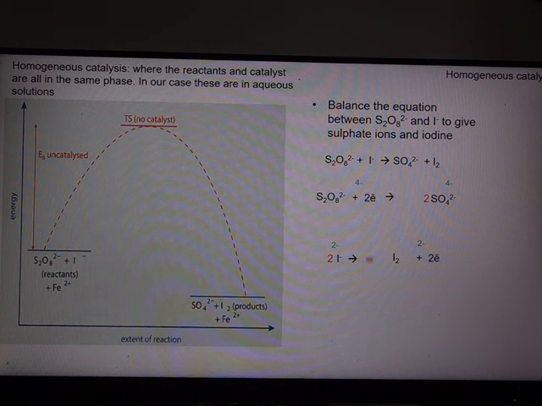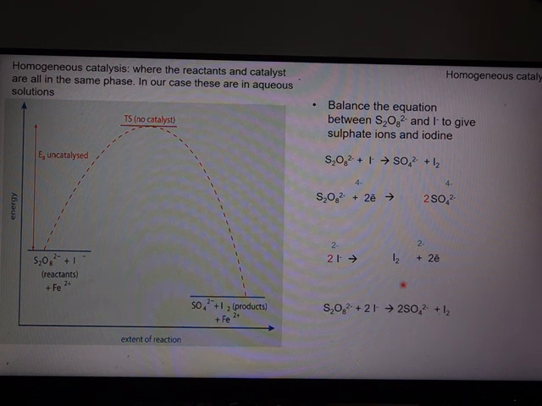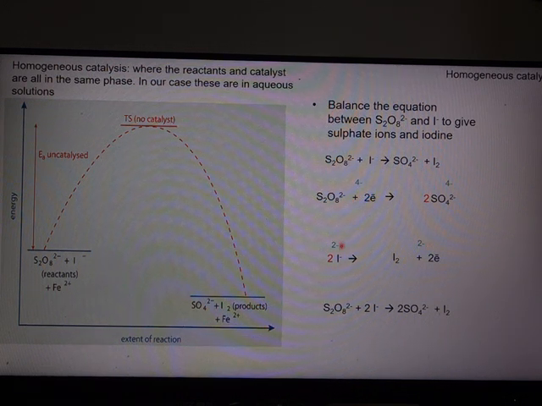So in this case, it's just a question of adding these 2 together, and the electrons are going to cancel each other out. Because actually, as you know, in the solution you don't have free electrons floating about. The electrons are carried by the reactants. The electrons are not flowing across the solution or anything like that.